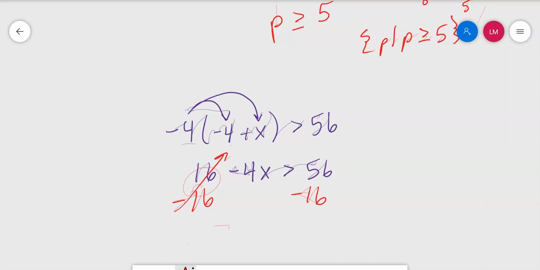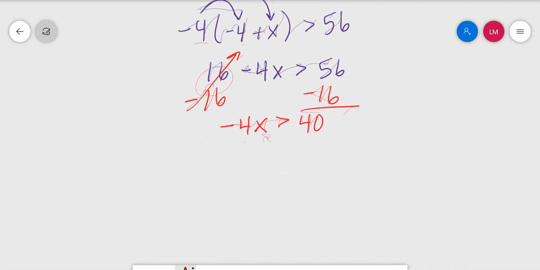That's gone. Now I drop down my -4x greater than. Notice in this step, again, I'm not flipping the inequality. Not yet, okay? This is going to be a +40. And now when I divide here by -4 to the left and then to the right, that's what's going to make me cancel out the -4, and I flip the inequality symbol right here. Sorry about this messy stuff, guys.